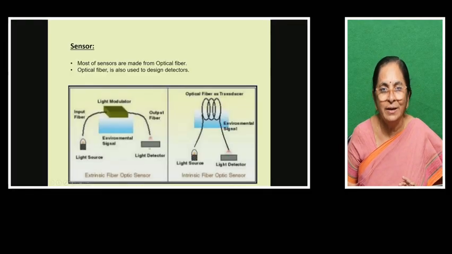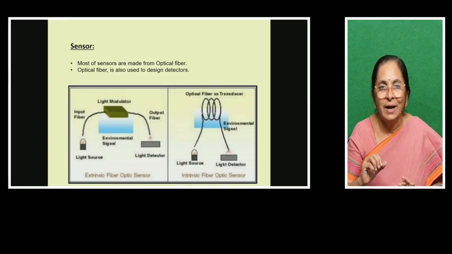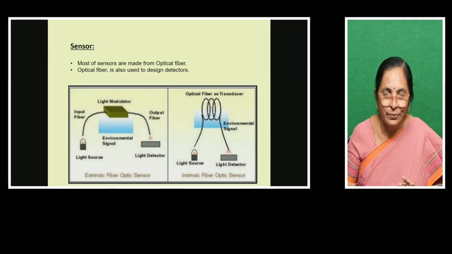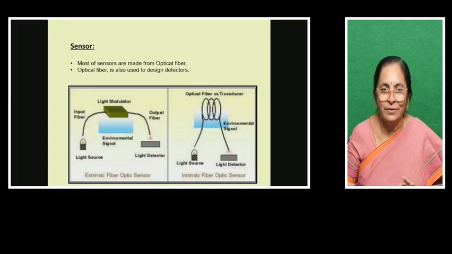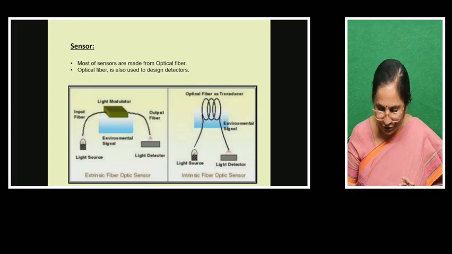At the receiving end, they will collect the light pulses. Whenever the parameter is not there, no light will come. When it is there, there will be light pulses. So that will be detected, and these light pulses will be converted back into decimal numbers and then electrical signals, so that we can easily understand what parameter was measured.